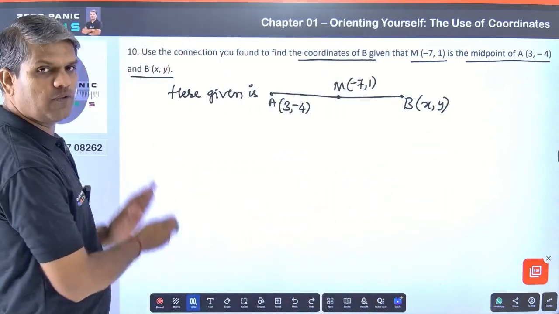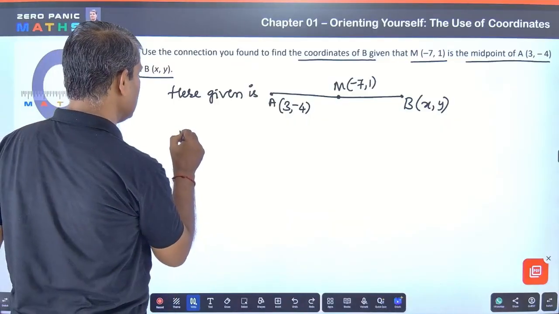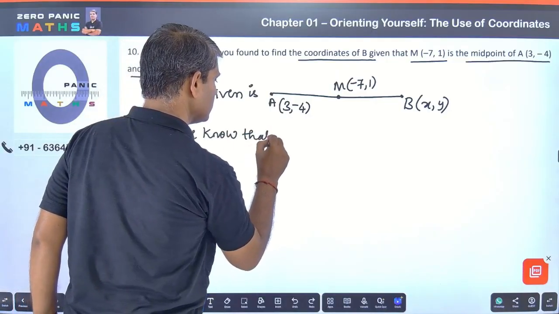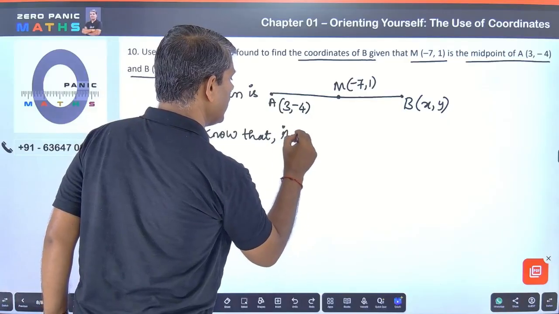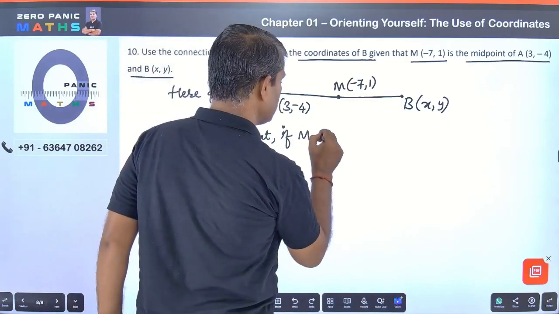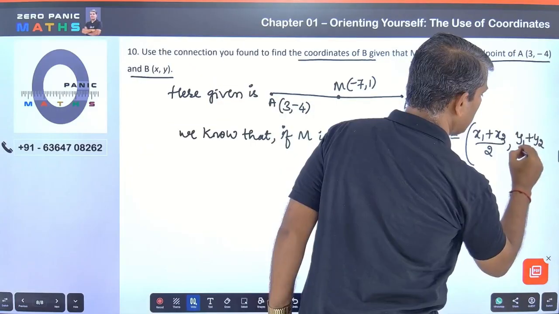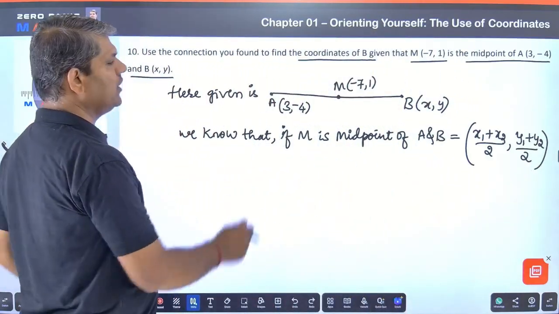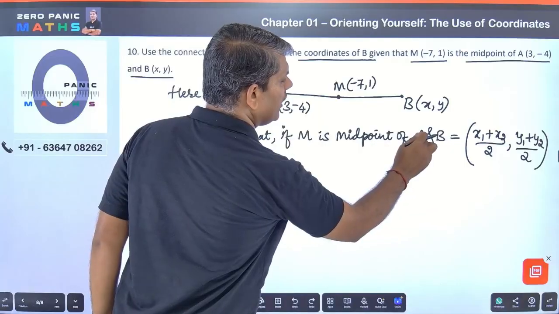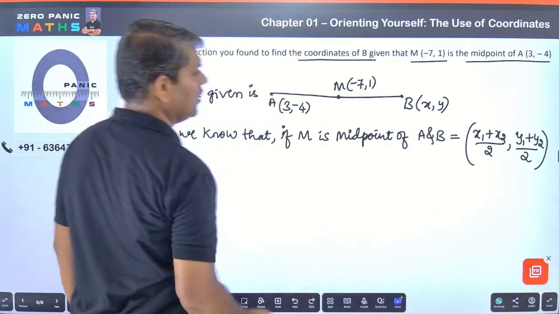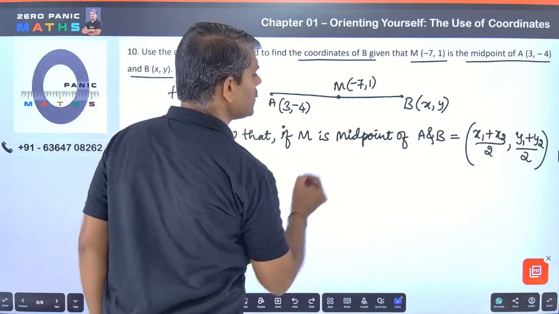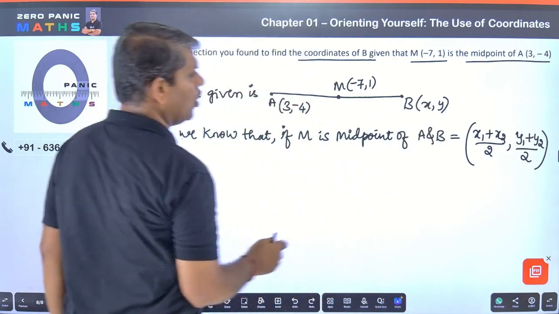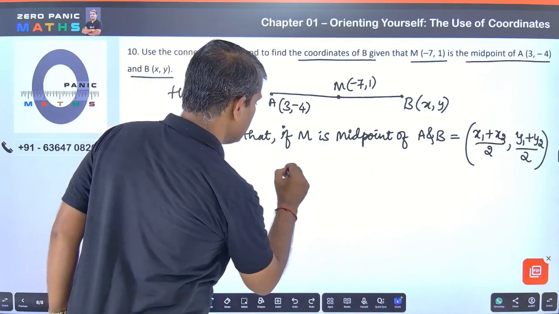So using the midpoint formula, we know that if M is the midpoint, then (x1 plus x2) divided by 2, (y1 plus y2) divided by 2 is the formula to find the midpoint between A and B. Now use the same formula. Here it is x1, y1, and this is x2, y2.